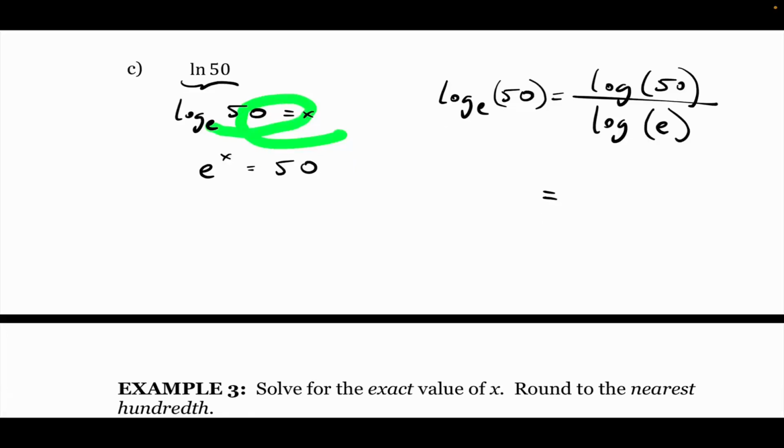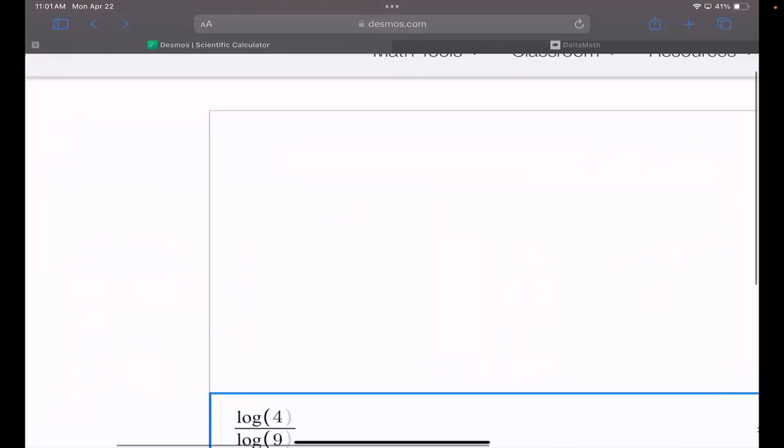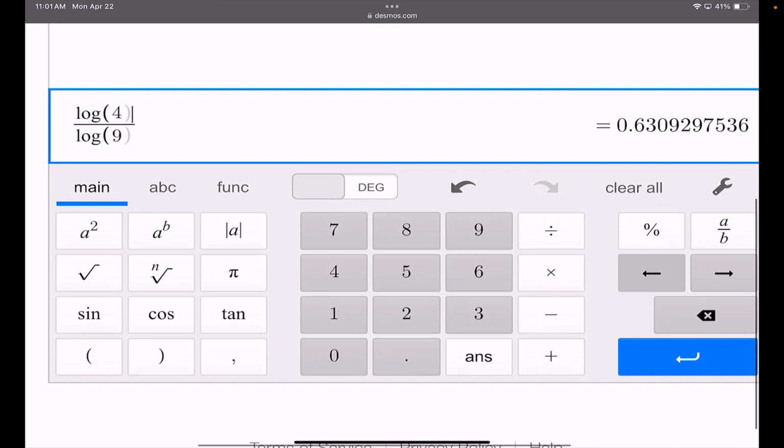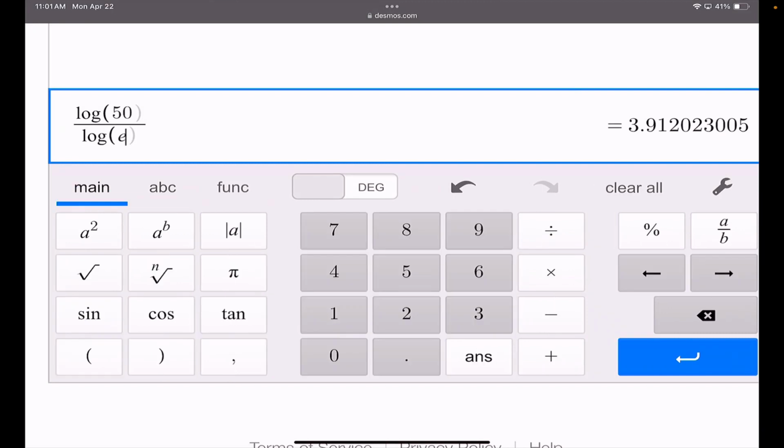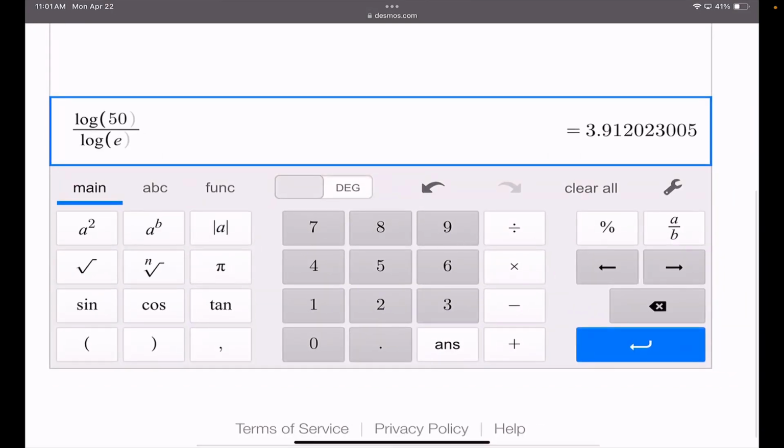Okay, so log of 50 over log of e. There you go. 3.912023 keeps going. Well, round to the thousandth. So that's going to be 2.